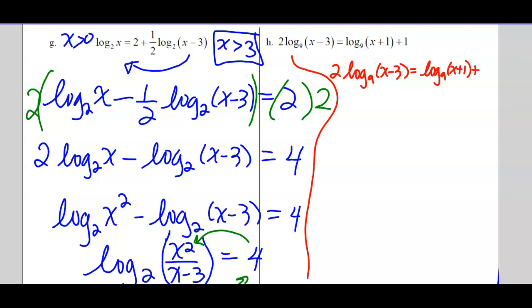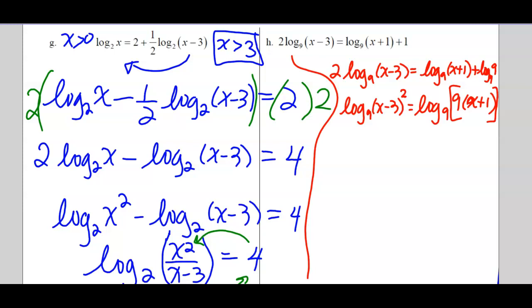So 1 is the same, remember, if we have base 9, as log of 9, base 9. Argument and base are the same, gives you a value of 1. So now, using the power law, 2 is the exponent, adding logs with the same base, you can multiply the arguments.